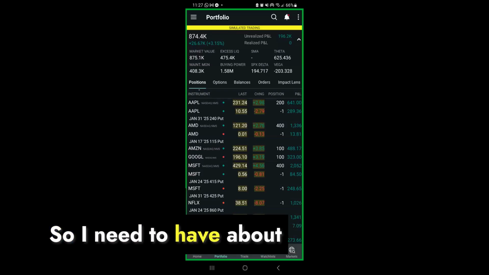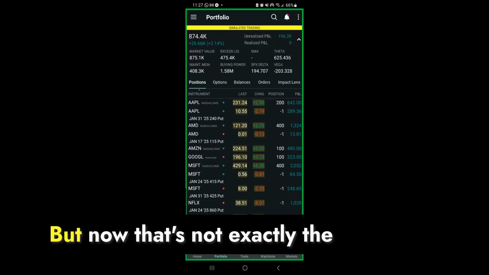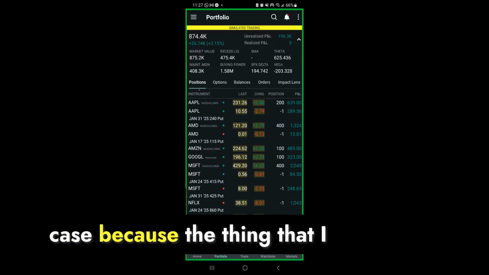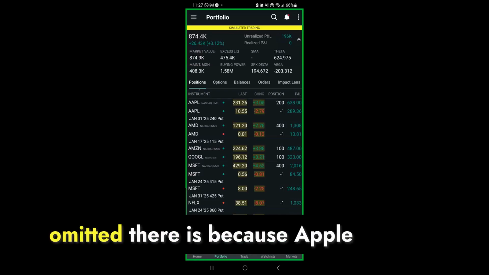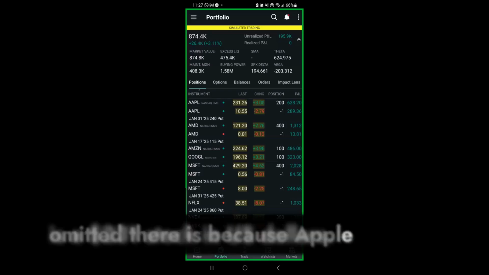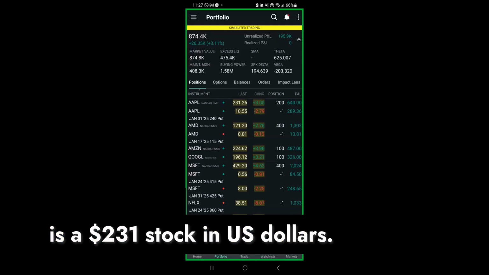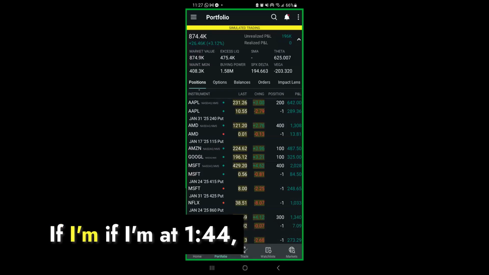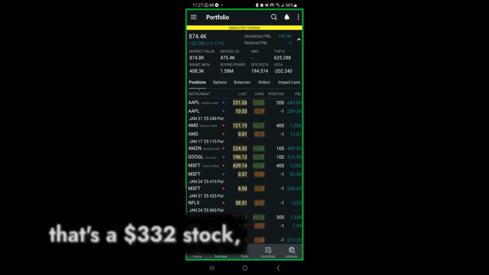So I need about 378 shares, but that's not exactly the case, because the thing I omitted there is that Apple is a $231 stock in US dollars. If I'm at 144, that's a $332 stock.